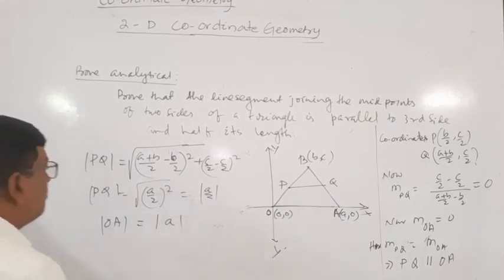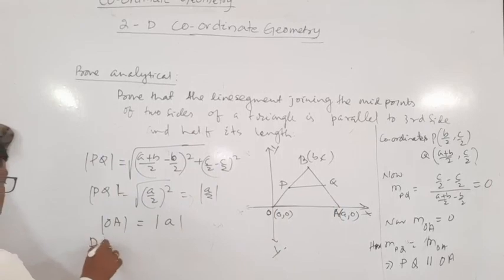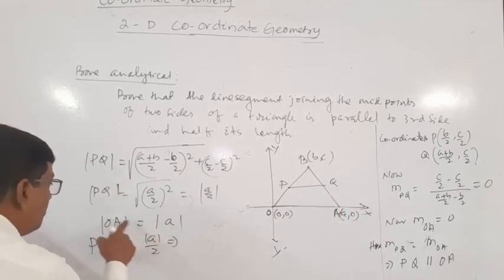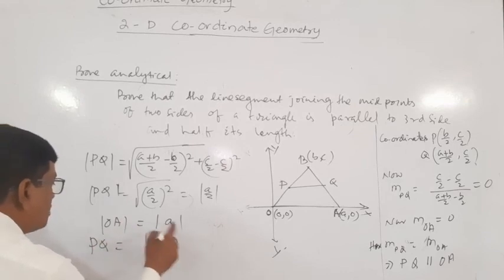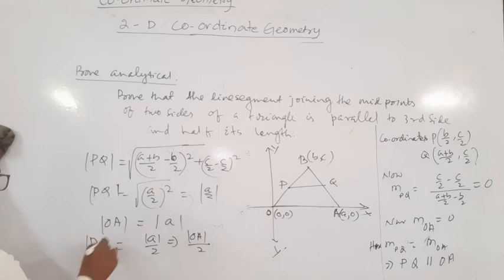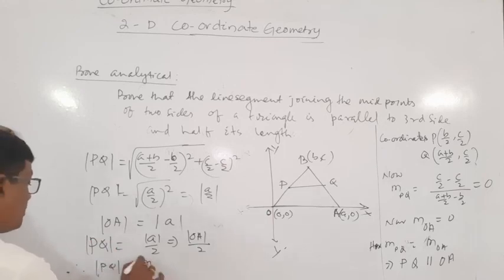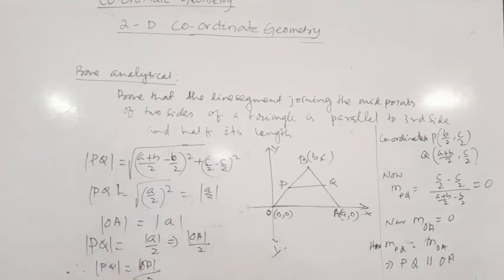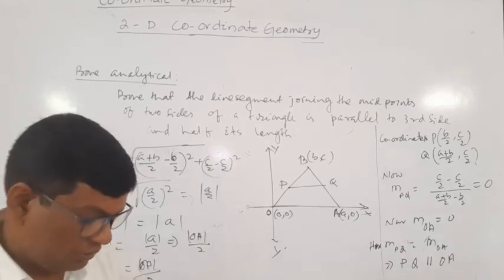So PQ is equal to mod a by 2, and OA is the distance a. Therefore the PQ distance is half of the OA distance. This is the analytical proof. Similarly, other proofs are there.